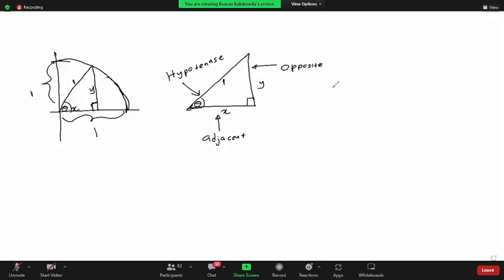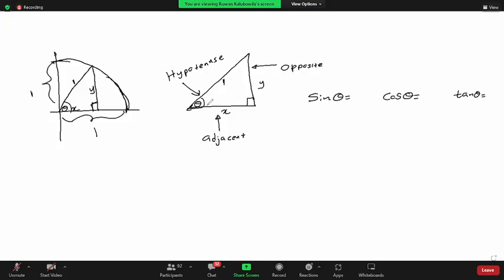Okay. So now we are going to define some trigonometric explanation for this angle. So I need to write the sine value of theta, then the cos value of theta, and the tan value of theta, using this right triangle.